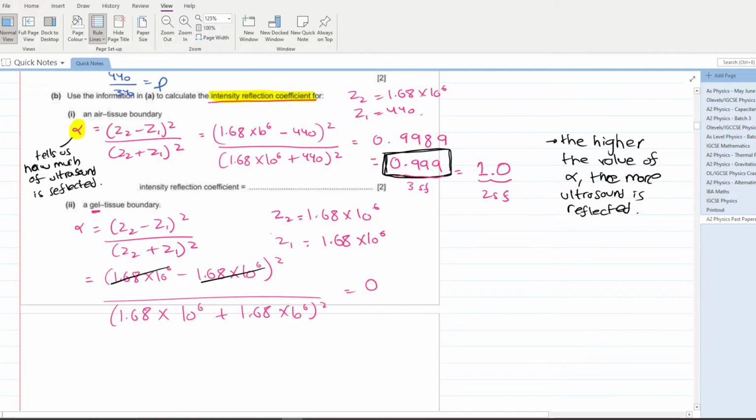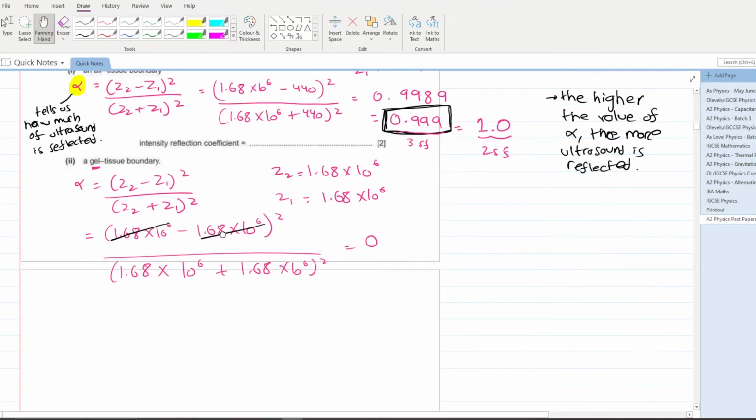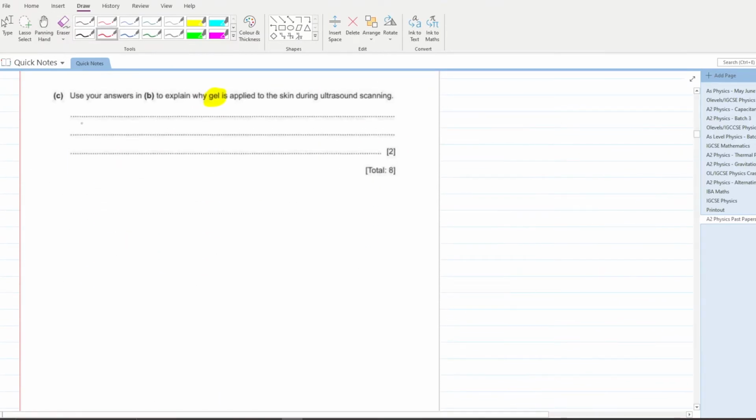That means almost all of the ultrasound was reflected. So you can write here, when no gel was applied, almost all of the ultrasound was reflected, and this is very, very bad.